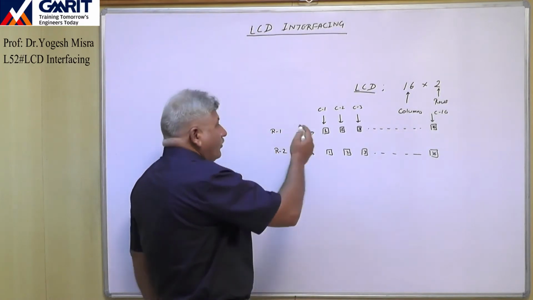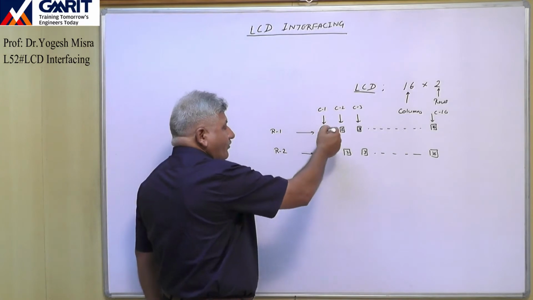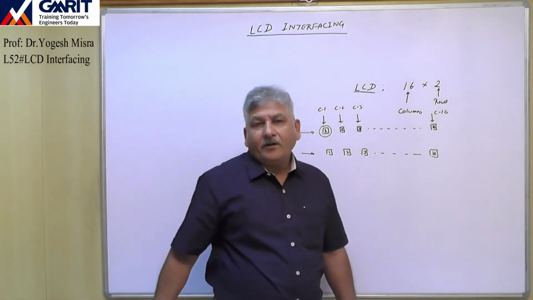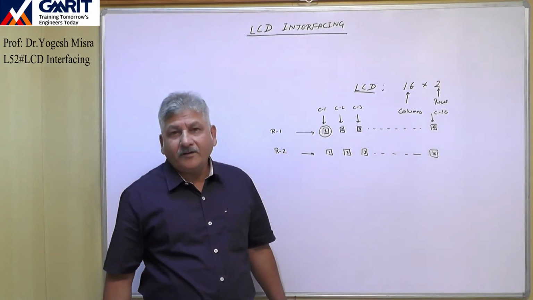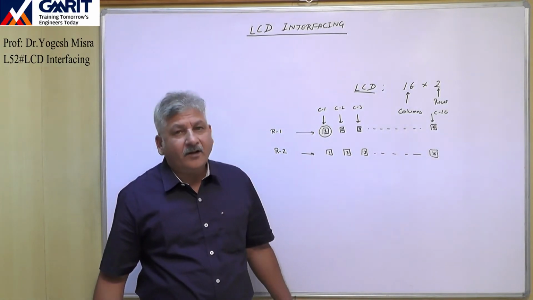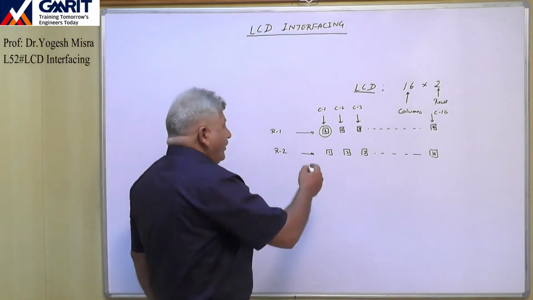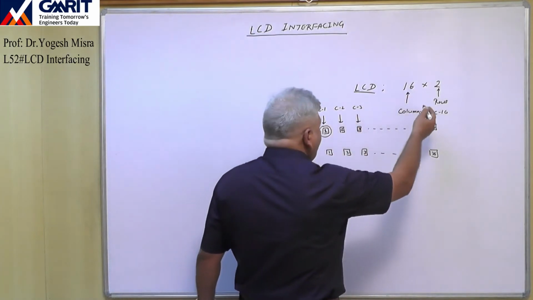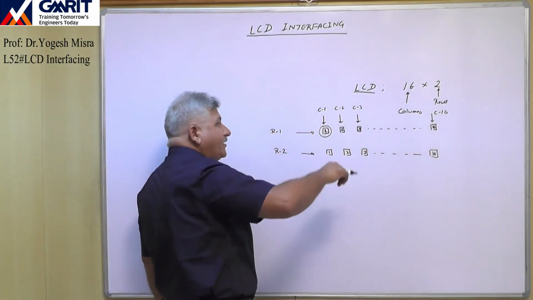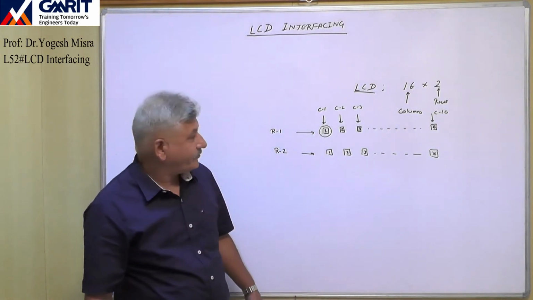Now, at each junction of the row and column, we can display any digit, any alphabet, any special symbol like comma, percentage, anything. So in total, in 16 by 2 LCD, we can display 32 characters.